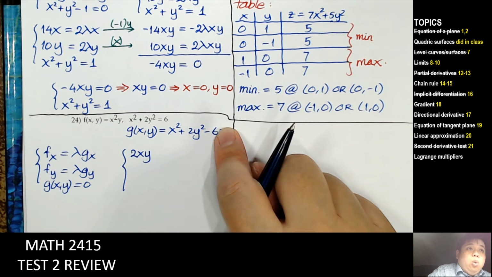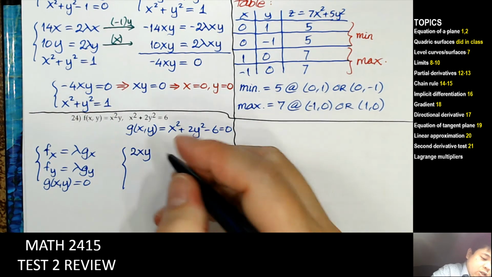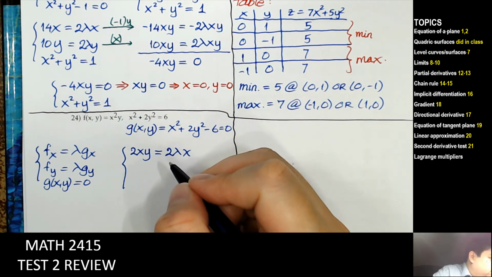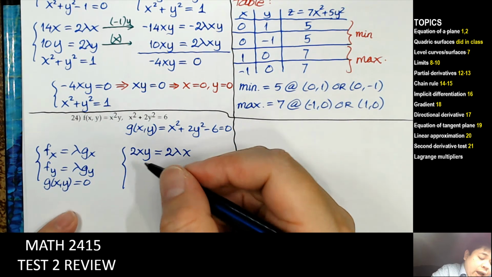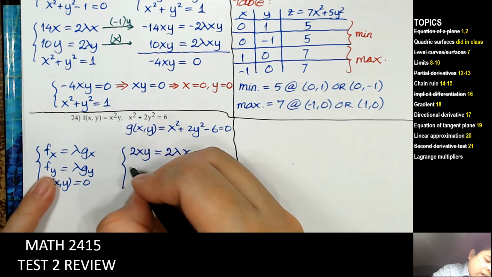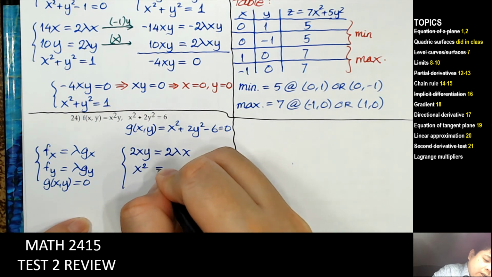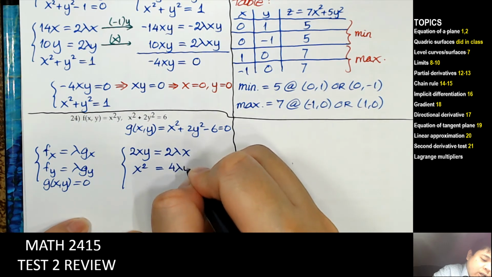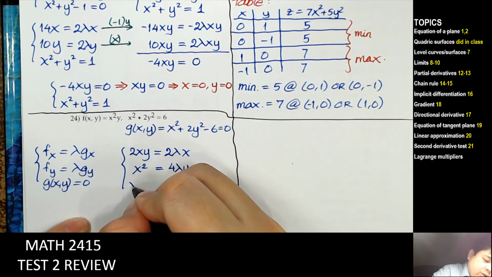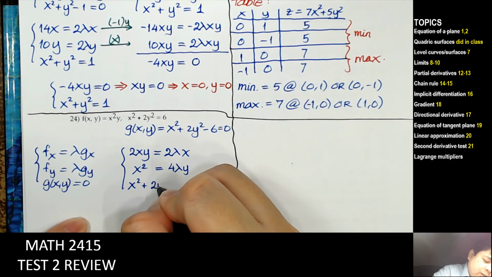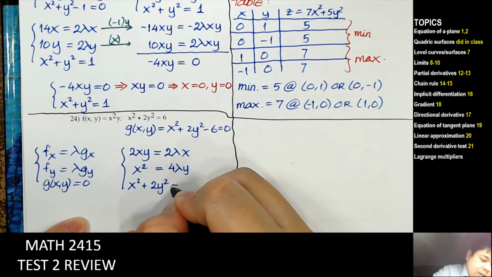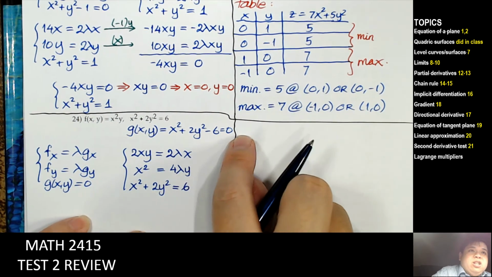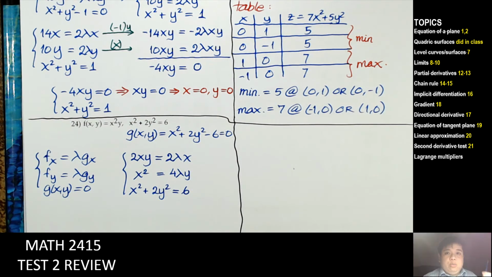Derivative of g with respect to x is 2x. And the derivative with respect to y here is x squared, and that will be 4 lambda y. So that's with respect to y, and then the constraint itself. I just write that equation, or I move the 6 to the other side, and we have that equation. It should be the same.